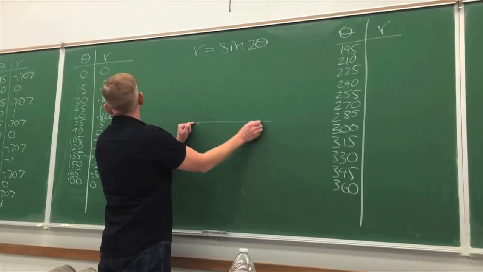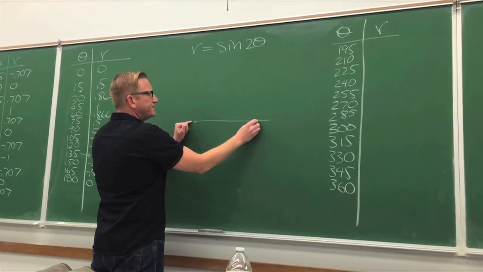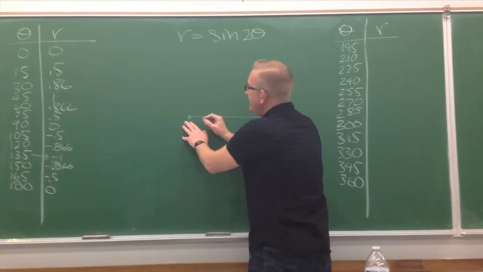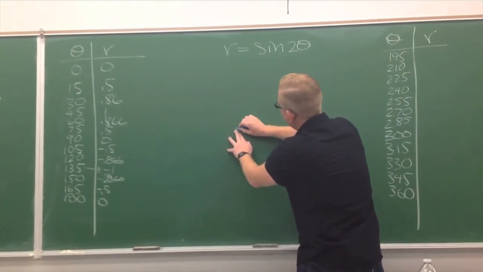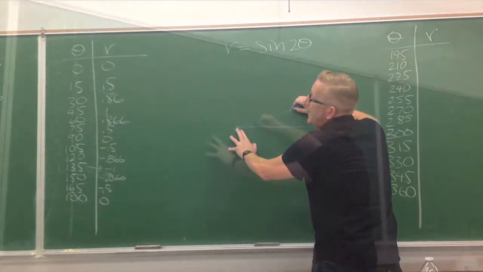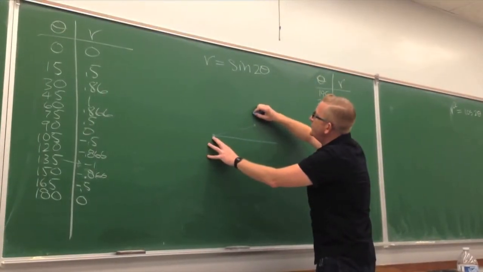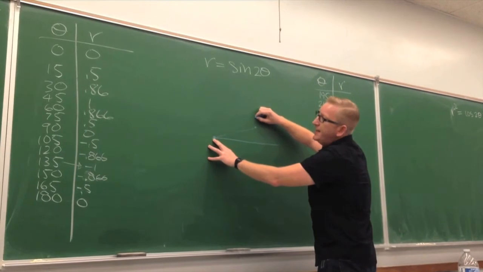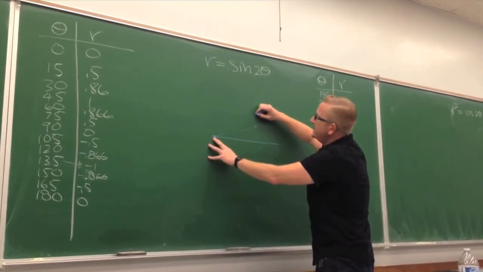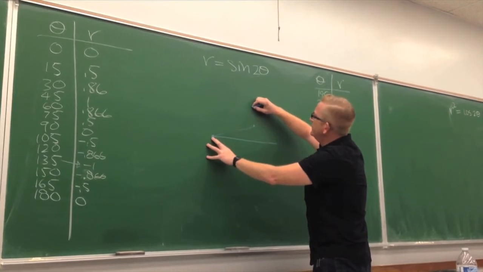Hunt or be hunted. So when we're here at 0, where do we start? At 0. And then, when we're at 15 degrees, you're out 0.5. So you rotate 15 degrees, and you go out half of 1 unit, and then you're at 30 degrees, and you're 0.68, and then you're 0.86, so a little bit further.